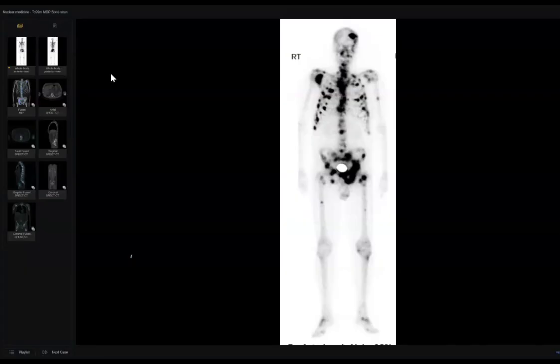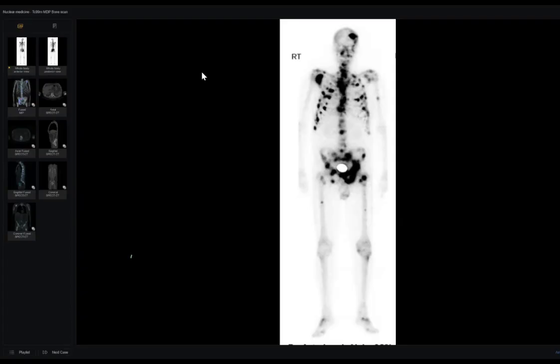I can see multiple areas of radiotracer uptake in the bilateral rib cage and the vertebral column. An area of radiotracer uptake is also seen in the region of the right scapula and along the left skull vault.